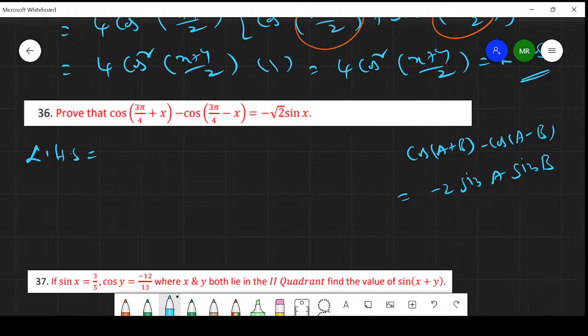If you expand this, it comes minus 2 sin a sin b. Correct?